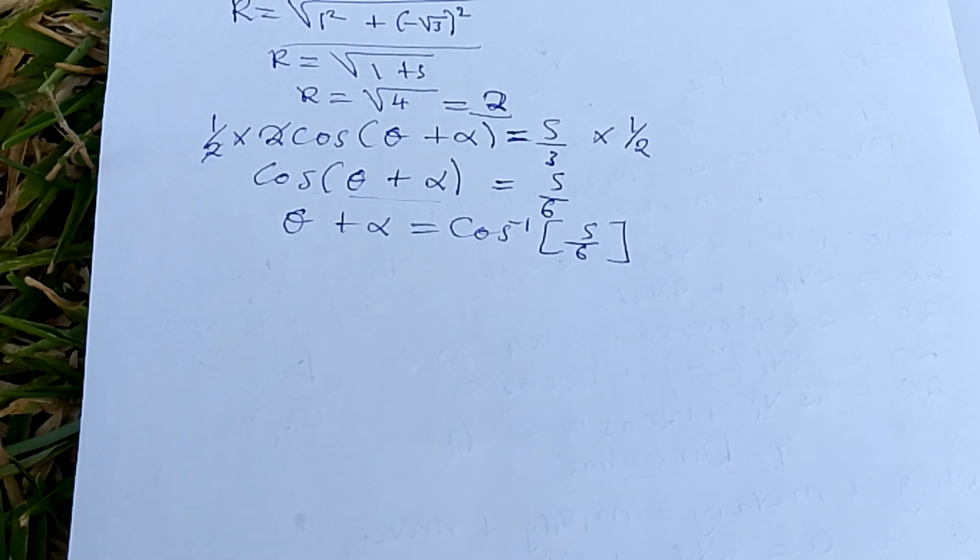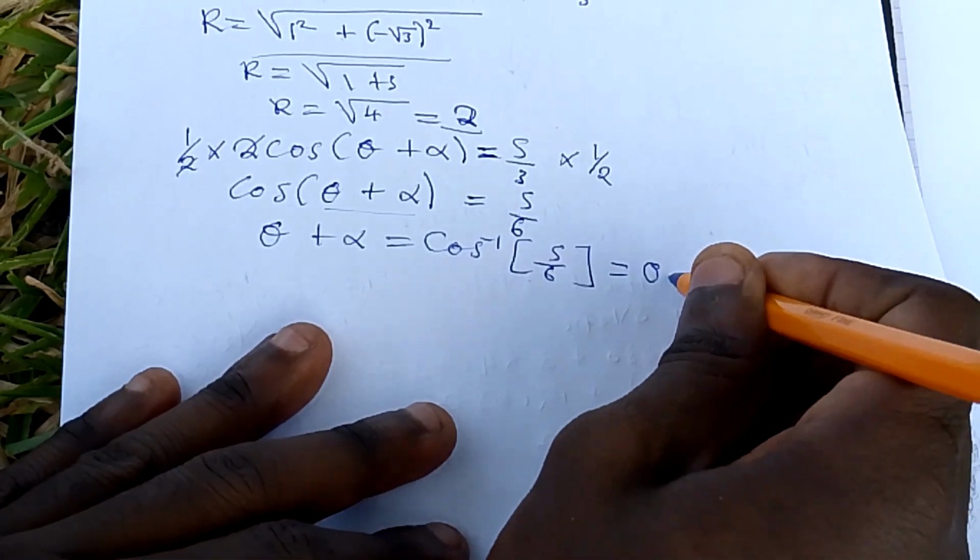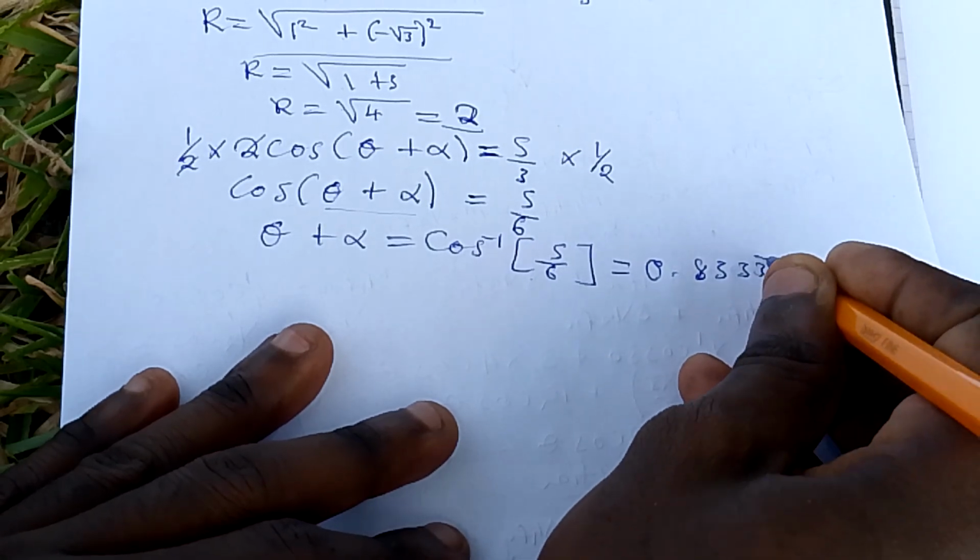Okay, so cos inverse of 5 over 6. So what is 5 over 6? 5 divided by 6 is 0.8333, carrying on.